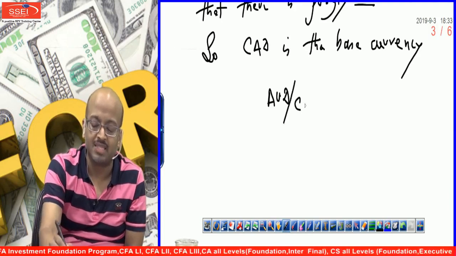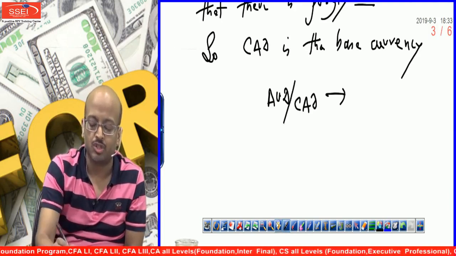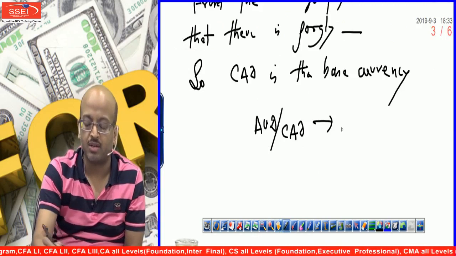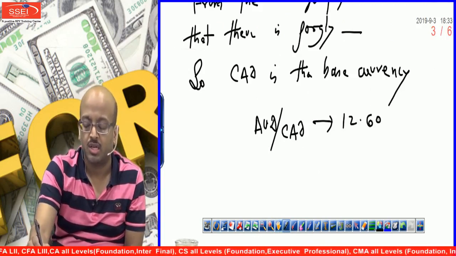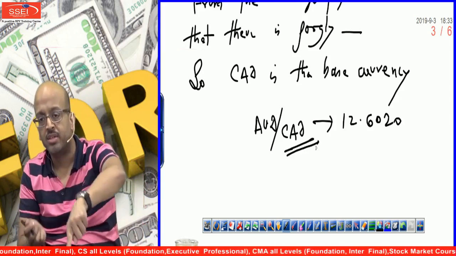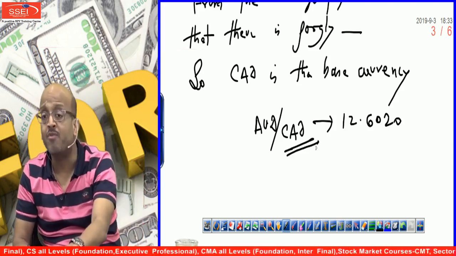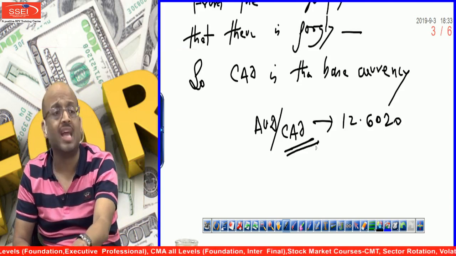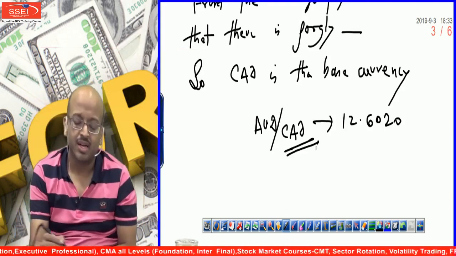AUD per CAD, dash, 12.6020. Okay, it is the price of CAD. But the amount 50,000 is not CAD. It is what? AUD. So what do we do? Divide. Next line.